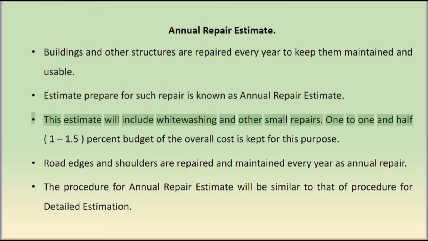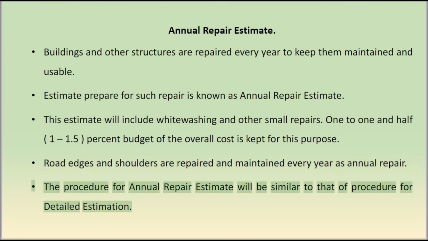This estimate will include whitewashing and other small repairs. 1 to 1.5% of the budget of the overall cost is kept for this purpose. Road edges and shoulders are repaired and maintained every year as annual repair. The procedure for an annual repair estimate will be similar to that of a detailed estimate.